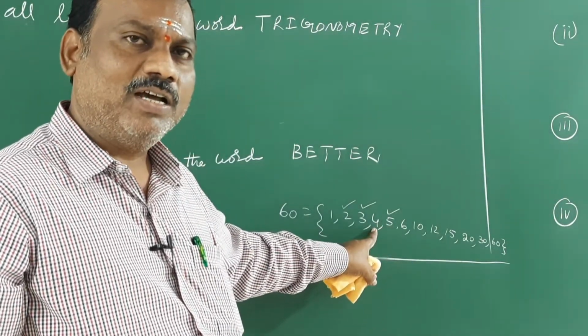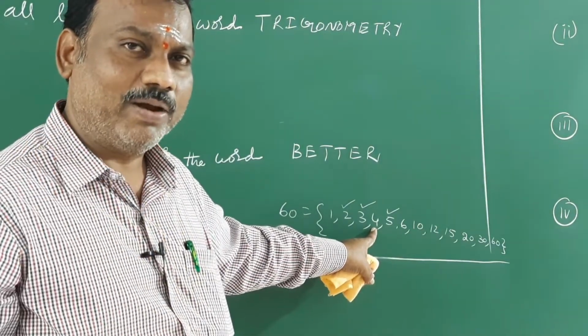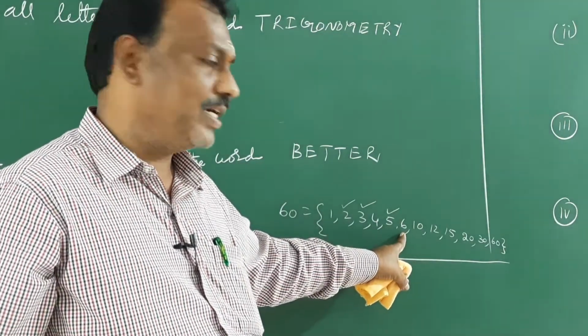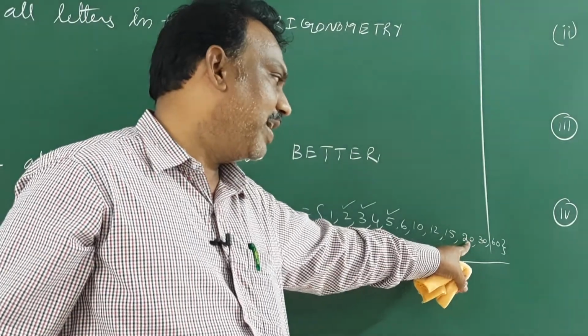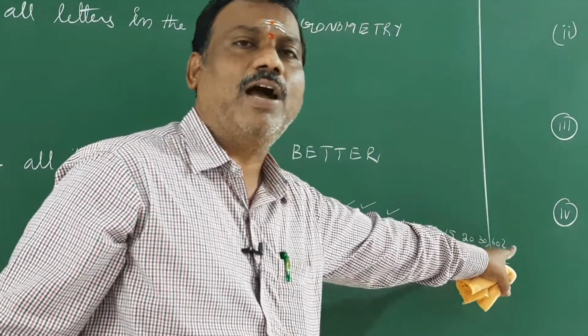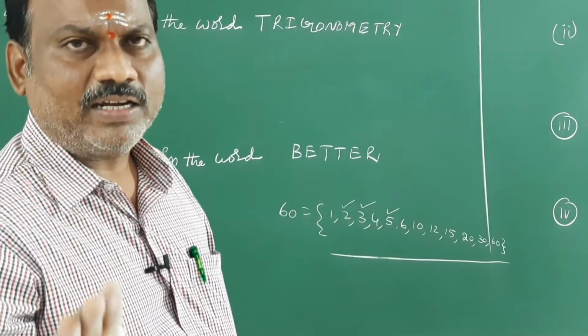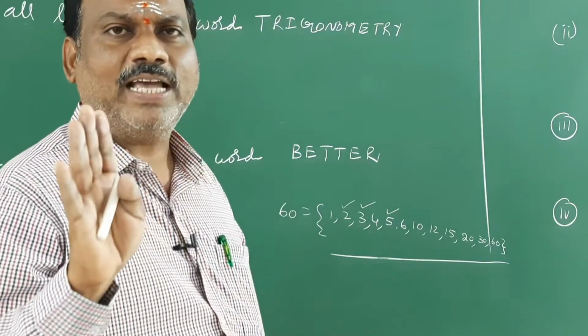But 4 has at least 3 factors, that's why it is a composite number, we don't call it a prime number. 6 is not a prime number, composite. 10, 12, 15, 20, 30, 60 are composite. Why? Because all those numbers have at least 3 factors. The rest, except 1, have exactly 2 factors.